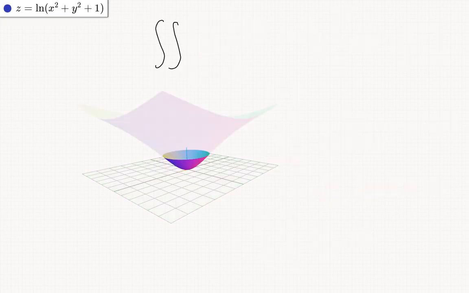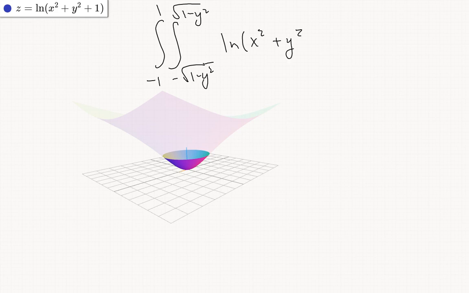Next, let's try the integral from -1 to 1 and from -√(1 minus y squared) to √(1 minus y squared) of ln(x squared plus y squared plus 1) dx dy. Well, again, we can see from these bounds that we're integrating over the unit disk.